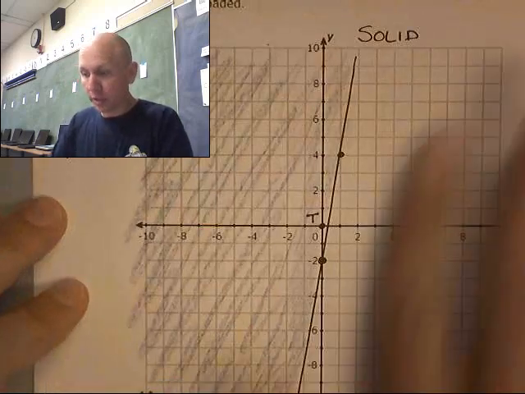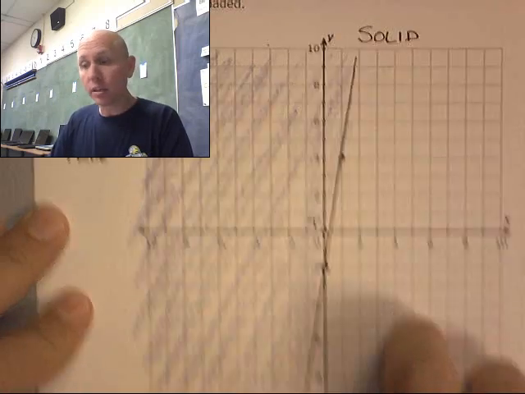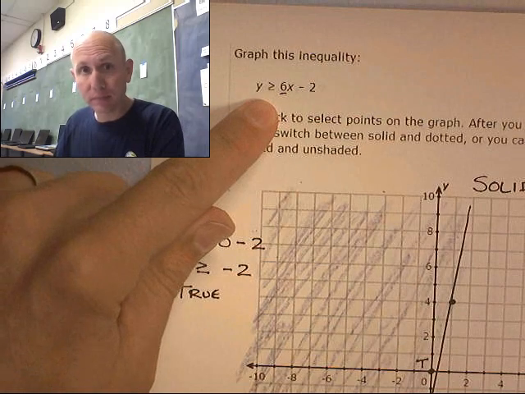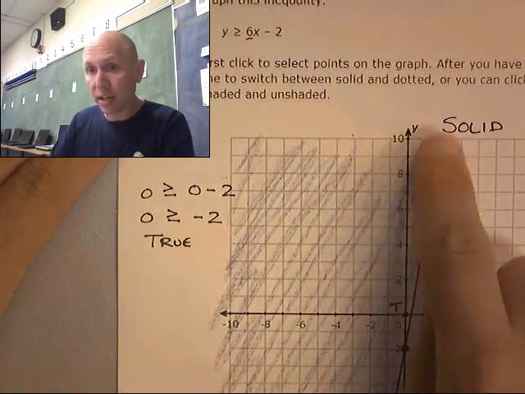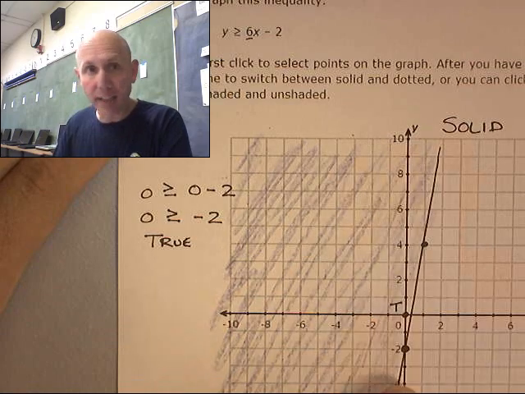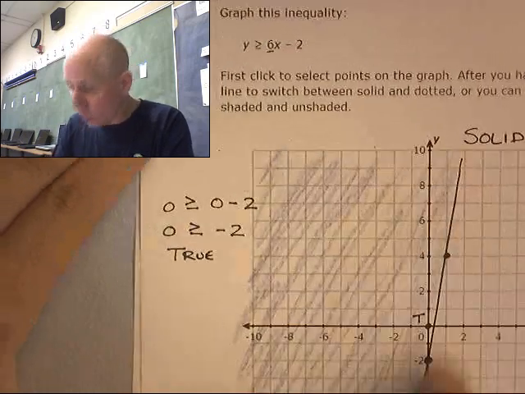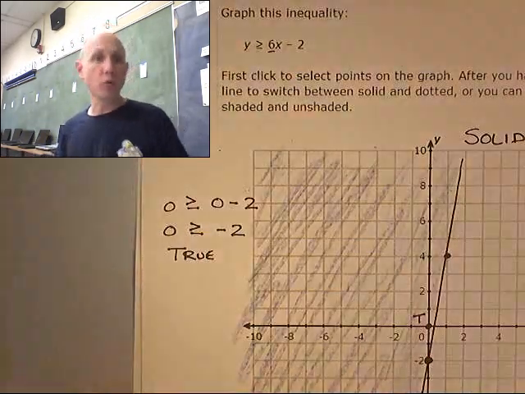What about this region? Any point over here in this region will make the inequality false. Well, what about points that are on the actual line? Points on the actual line will be true because it's a solid line. If I take one of these points from this line and plug it in here, it will be a true point.